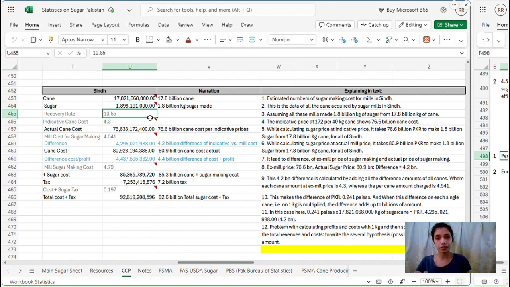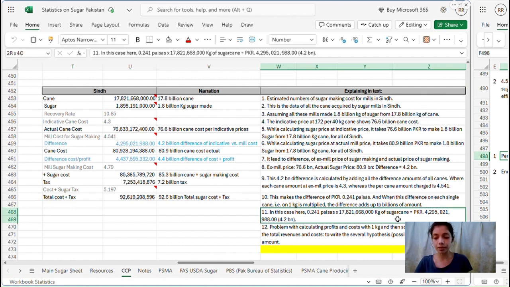When that recovery rate is determined for each mill, then we can calculate the quantity of sugar they are producing and the cane, and that would be the accurate number to imply the value. Now this is the collective value, 4.2 billion, but we would not know until we know how many canes each mill took to produce 1 kg of sugar, what amount of cane they purchased, and what amount of sugar they were able to produce from it.